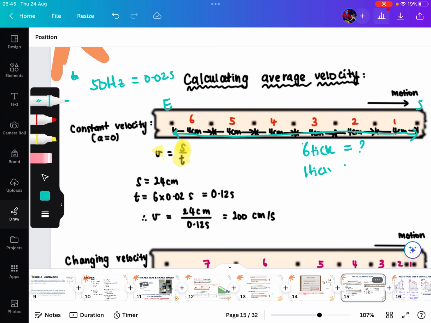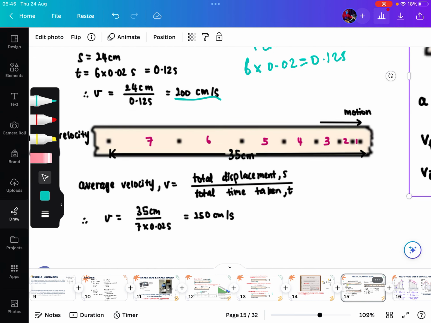So 1 tick is 0.02 second, and 6 ticks is 6 times 0.02, which is 0.12 second. You just divide 24 by 0.12 second, and you will get 200 centimeter per second. Okay, it's very easy.